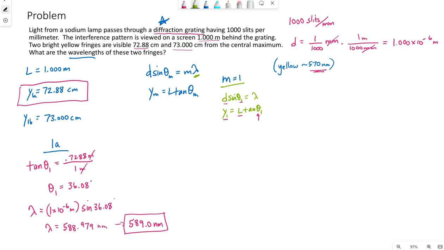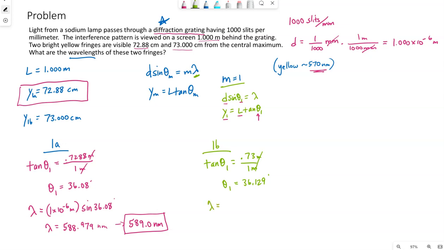The wavelength for the other one, I called that 1B. Same set of equations, but 0.73 meters over the 1 meter gives us a slightly different angle of 36.129 degrees. So it's not hugely different because of that really tiny spacing between the lines.